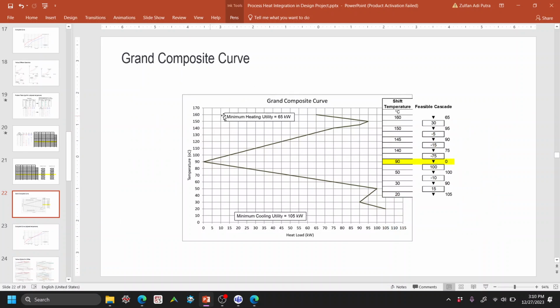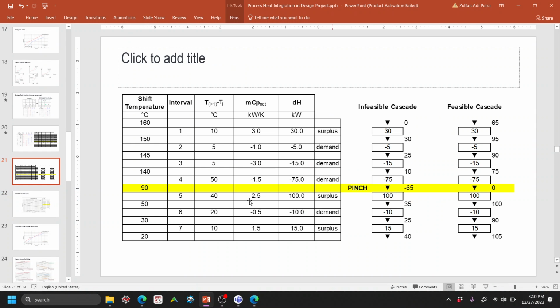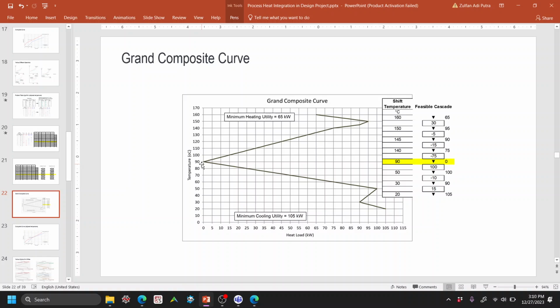So 160 we have 65, 150 we have 95, and so on and so forth. And then at 90 degrees C, you have 0, which is this point. So this is what we call the grand composite curve.